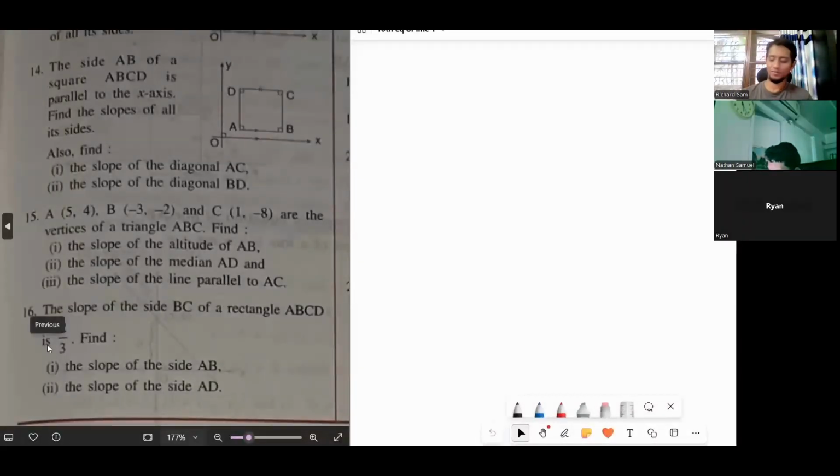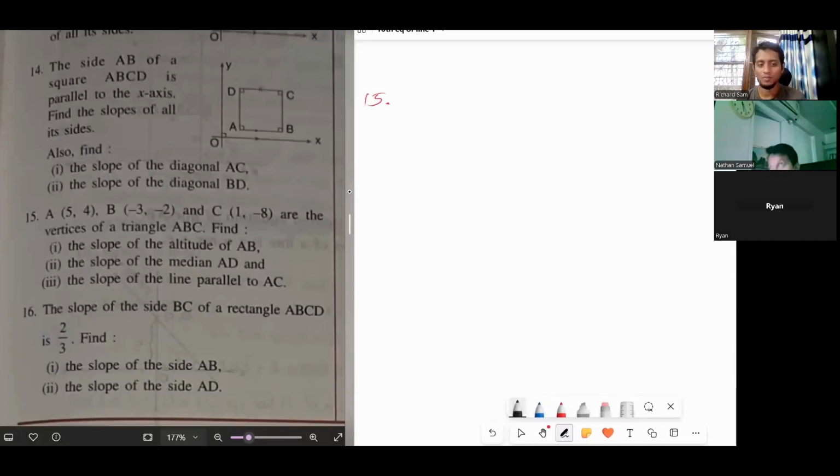A, B and C are the 3 vertices of a triangle. Find the slope of the altitude of AB. What does it mean? If I'm drawing the triangle like this randomly, if this is A, B, C, what does it mean to find the slope of the altitude of AB?